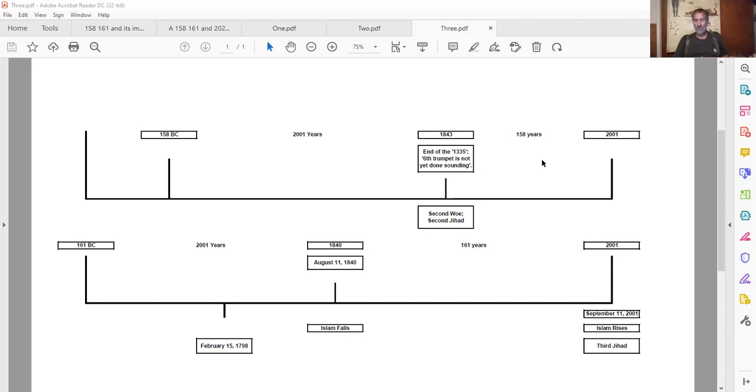There was a diagram I'd done based on Theodore's chronology from the birth of Ishmael. And he was born in 1952 BC. Then if you go 1952 years, it takes you to 70 AD and the destruction of Jerusalem. And then from 70 AD, inclusive reckoning, 1952 years will take you again to 2021, inclusive.